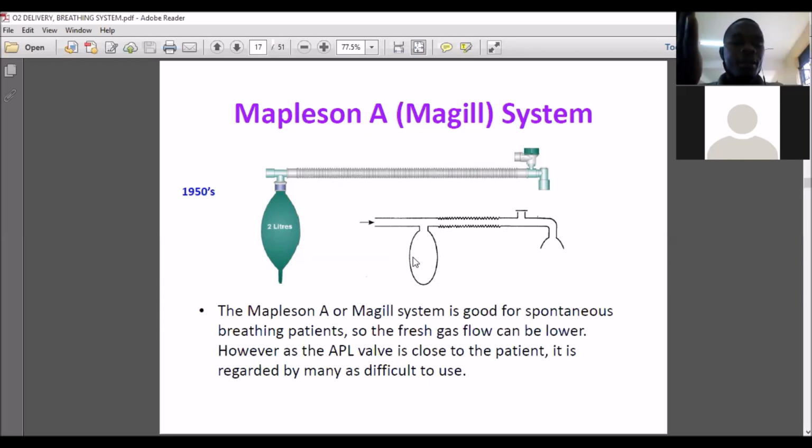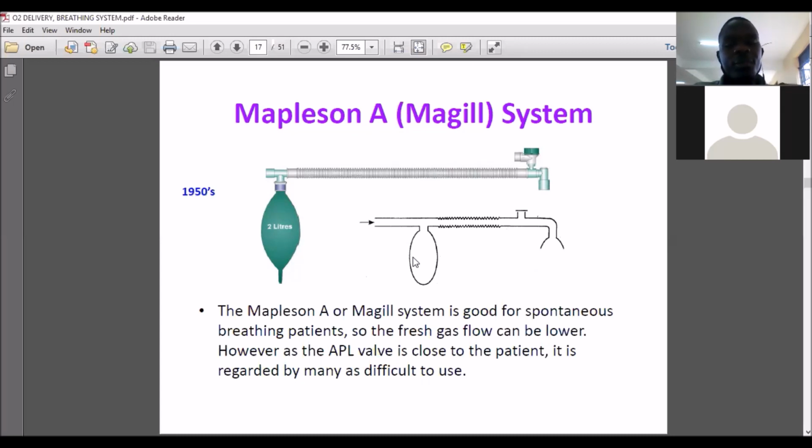For it, we shall have the bulb below, and then an influx of air. The Mapleson A system is good for spontaneous breathing patients.